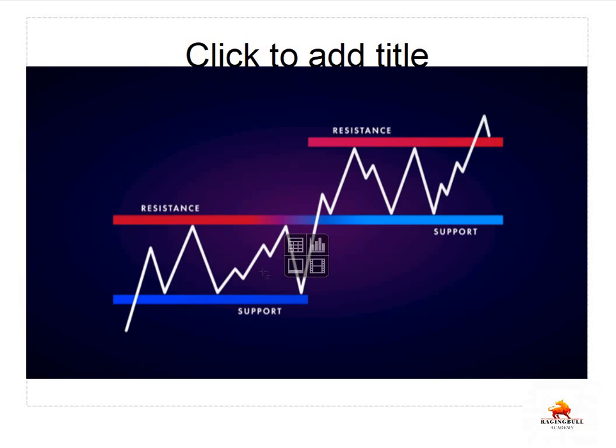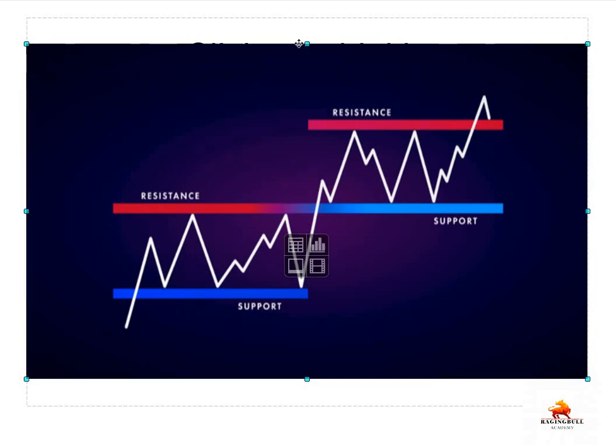Okay, so this is just to give you an example of what the supports look like, and basically what's happening here is the price is going up and down, up and down. You can see that. So just ignore this side for now.